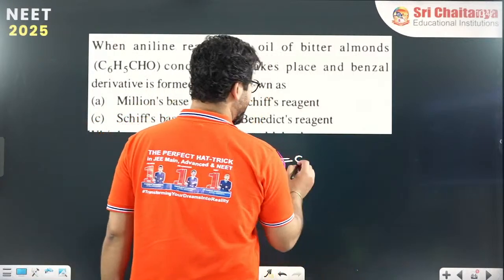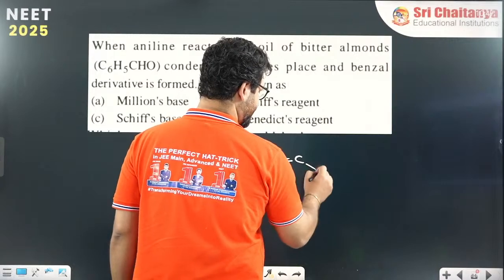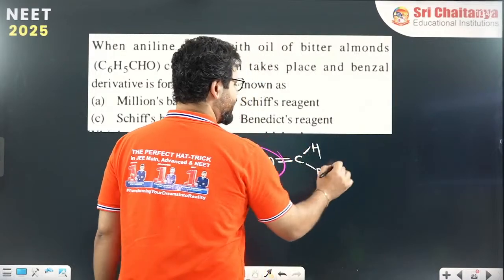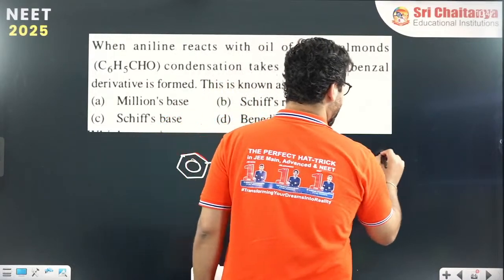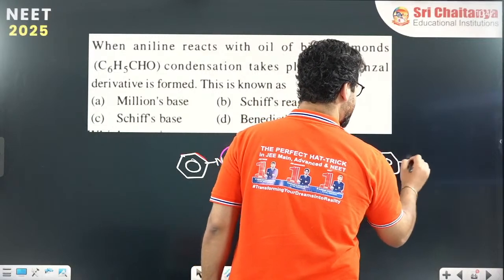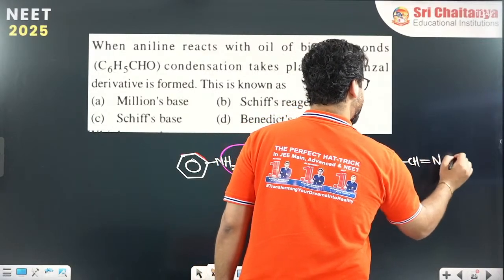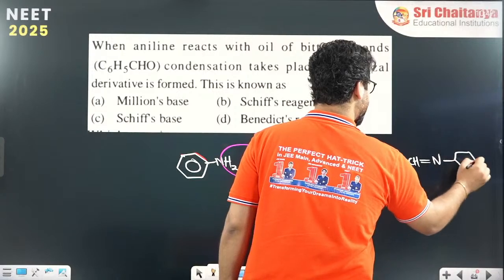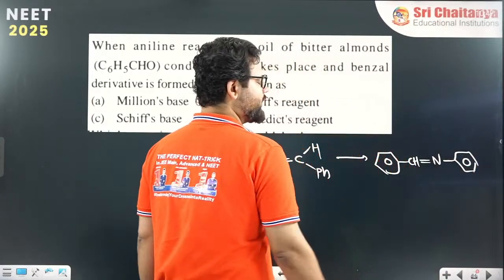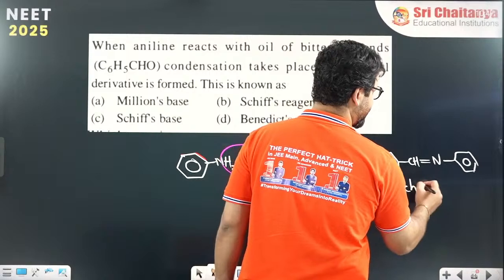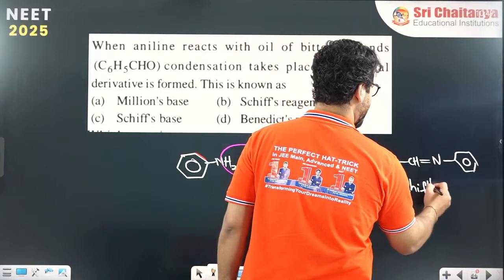Since I have taken benzaldehyde here, I am going to get benzene CH double bond N, again benzene. This is called Schiff's base.